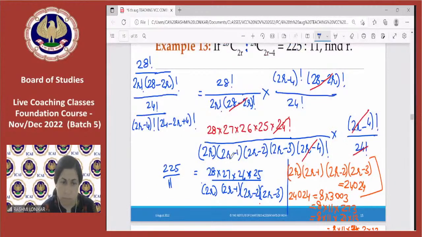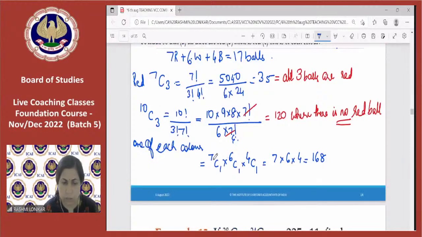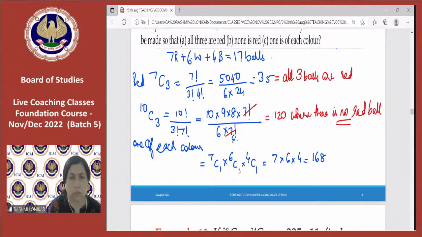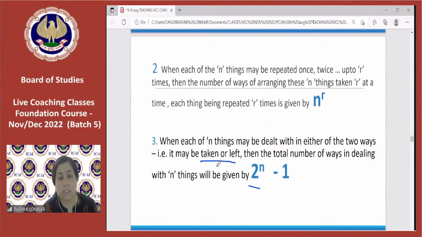Okay, here we have taken 7C1 into 6C1 into 4C1. Here we have already used this formula. So I'm just telling you that sometimes you will get these questions for theory, so I've put them together in one place.